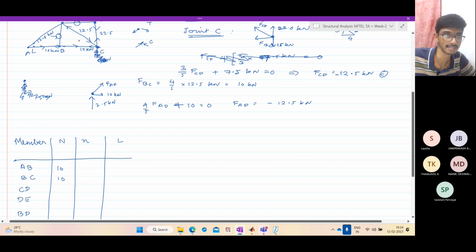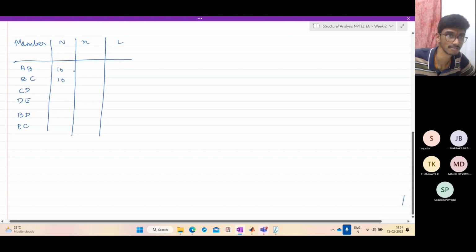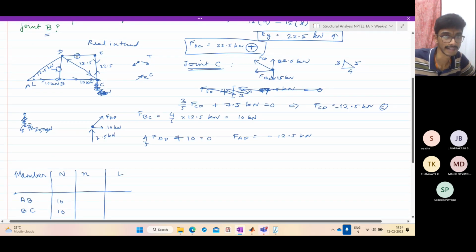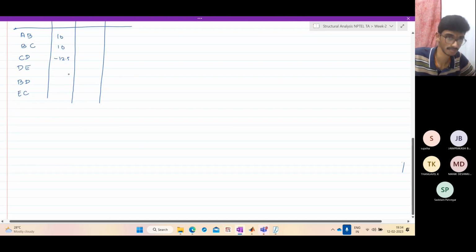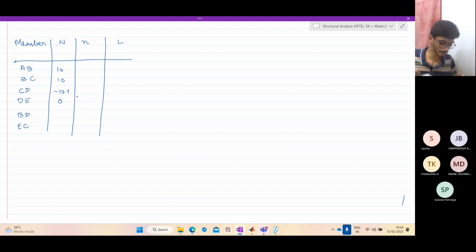So these two are tensile, this is compressive. DE is 0. BD is again 0. And EC is plus 22.5, tensile.